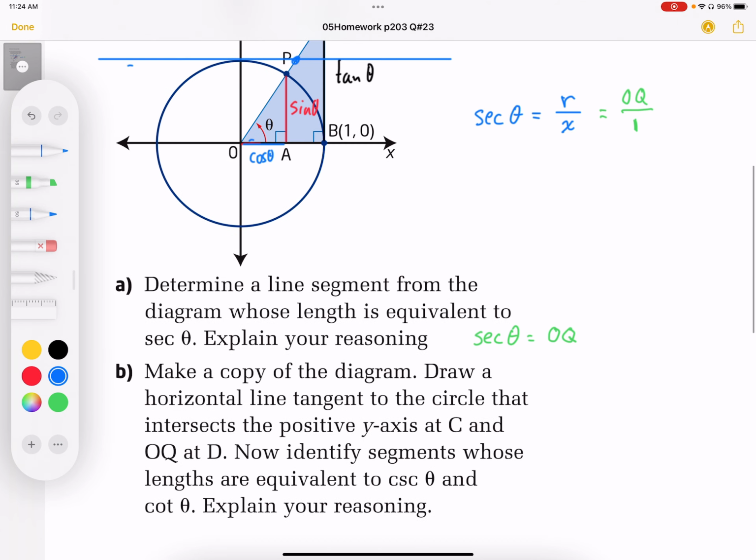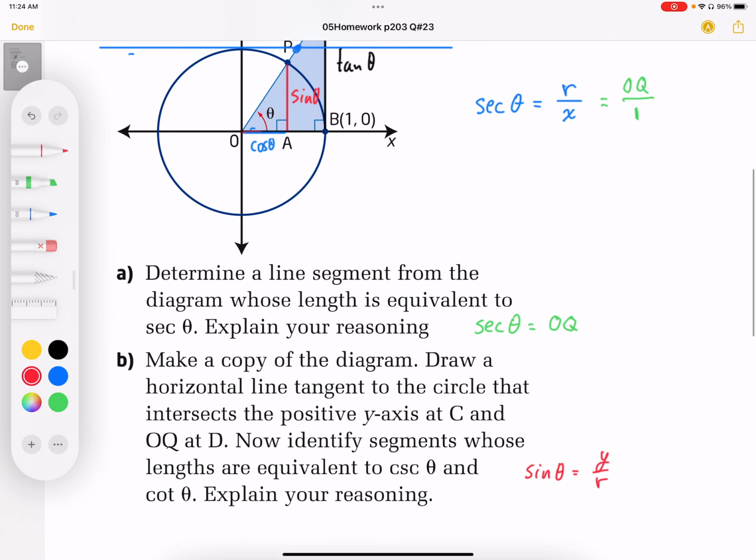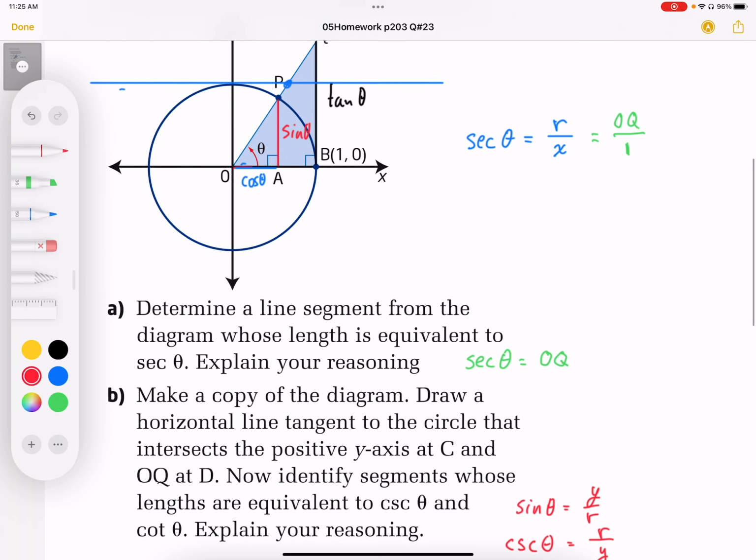So first of all, let's look at cosecant. Okay, we identified sine as the y coordinate over the radius. So the cosecant is going to be the radius over the y. And to get the length cosecant, we want y to be equal to 1.